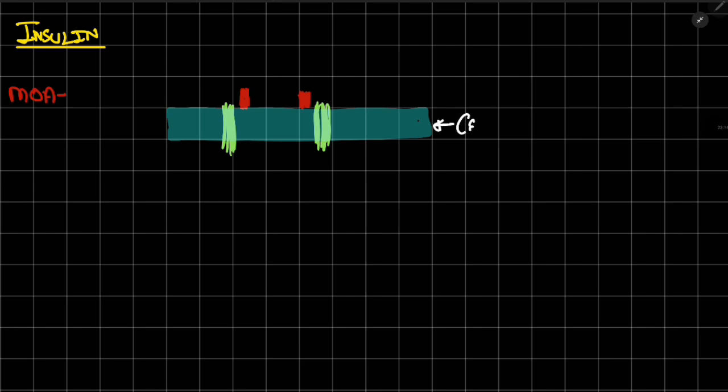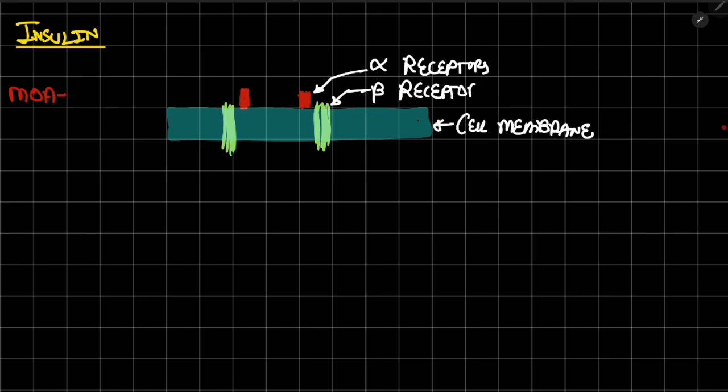This blue one is the cell membrane, this red is alpha receptors, and this green is beta receptors. Don't confuse them with alpha and beta cells present in the pancreas. These are the receptors on the cell membrane. This is the extracellular and this is the intracellular side. The alpha receptors are extracellular while the beta receptors are transmembrane receptors.